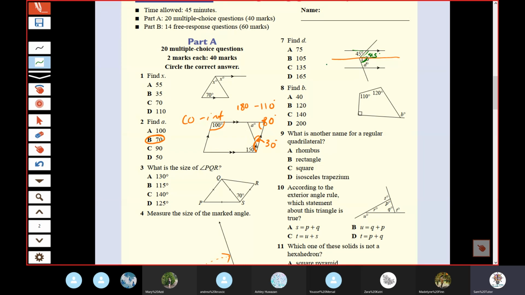I would find it by going 120 minus 45, which is 75 degrees. And then how would I find D now, you guys? Co-interior, which is 180 minus 75, which is 105 degrees. Does that one make sense?